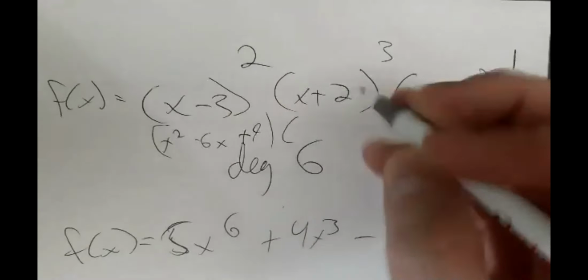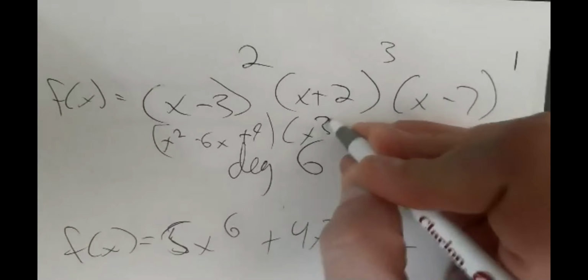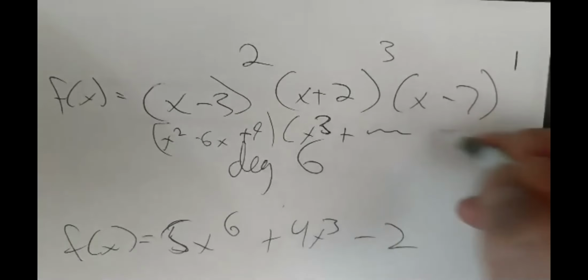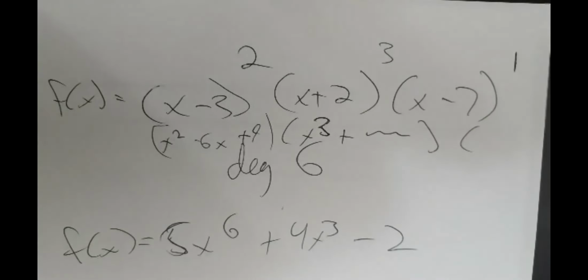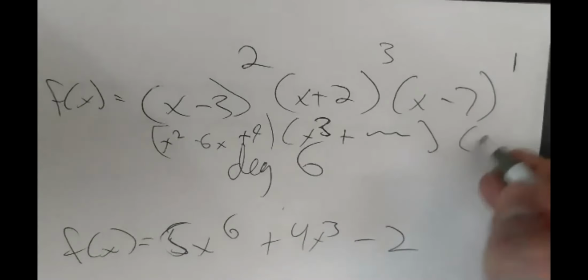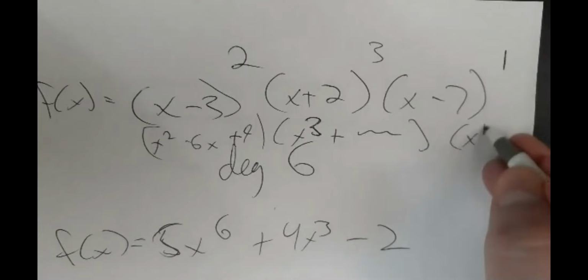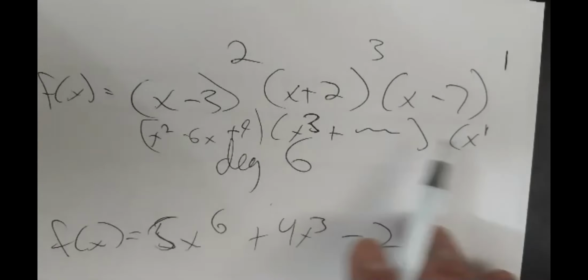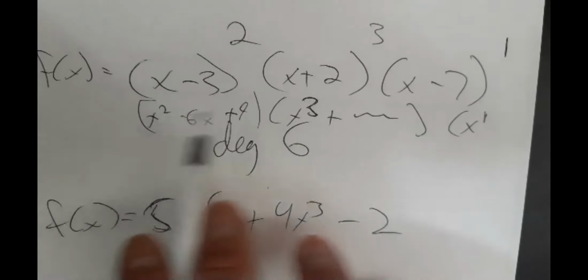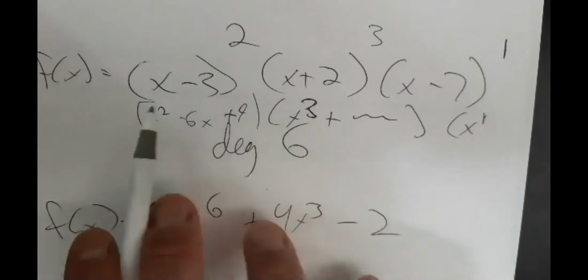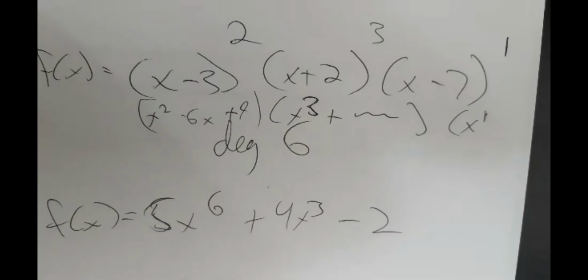And I'm just looking at the largest term. I'm going to get an x cubed here and some other junk. When I multiply these out, x squared times x to the 3rd times x to the 1st, the leading term would be 3 plus 2 plus 1. So I would have an x to the 6 as the leading degree if I multiplied all this out.